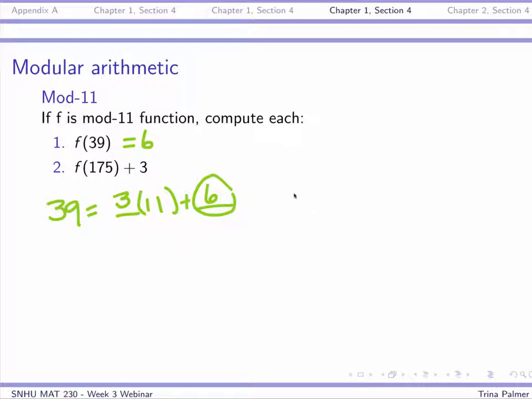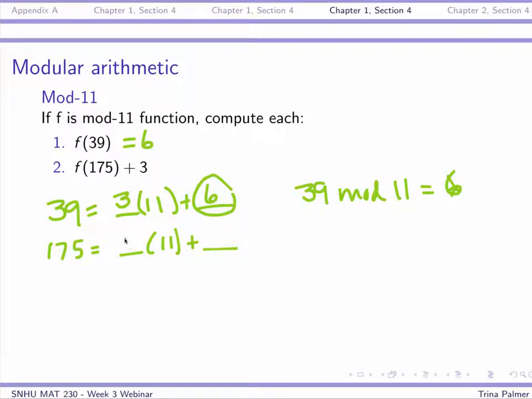In Wolfram Alpha, if you type 39 mod 11, it'll tell you 6. So just know that you can use Wolfram Alpha also to check yourself. For the f of 175, so 175 is something times 11 plus some remainder.